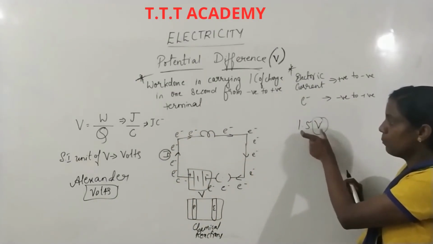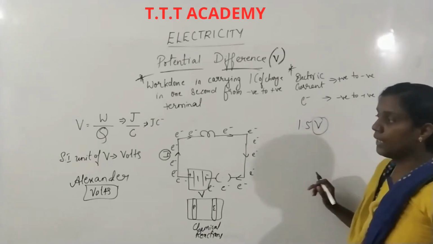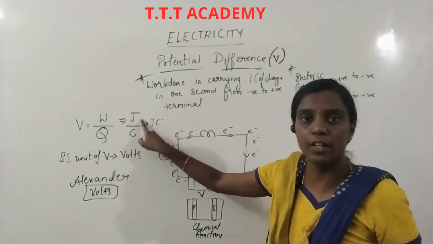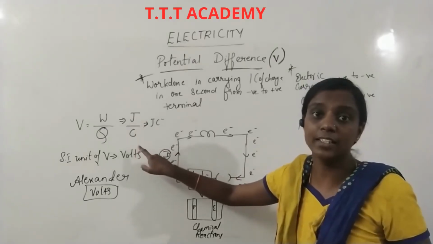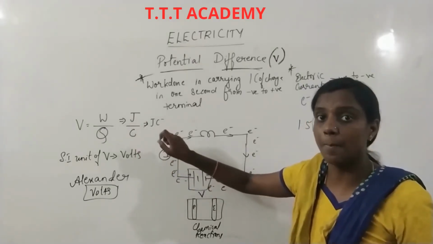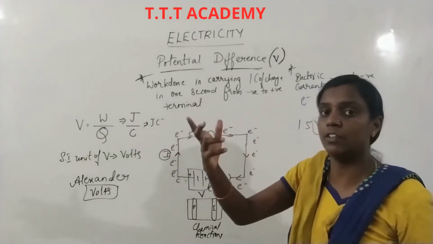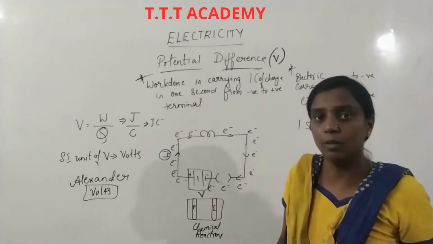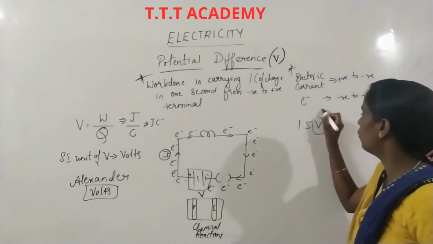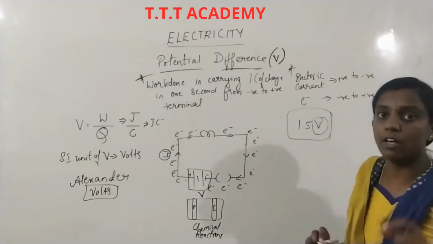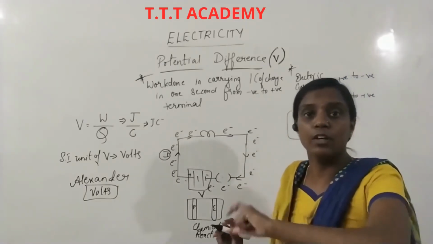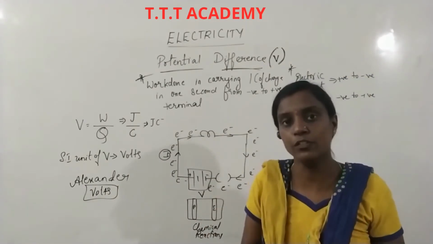1.5 volt means 1.5 joules of work will be done in carrying 1 coulomb of charge.